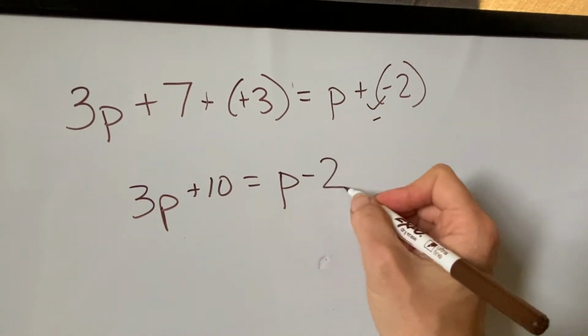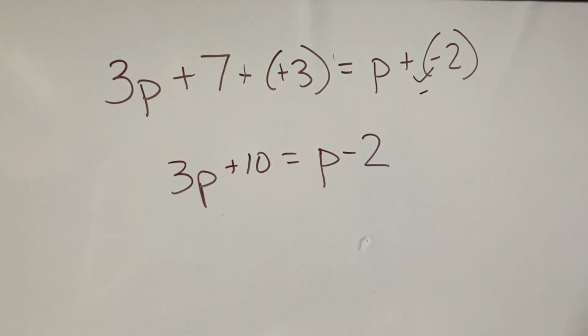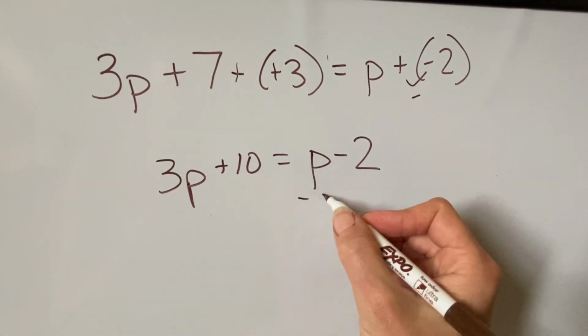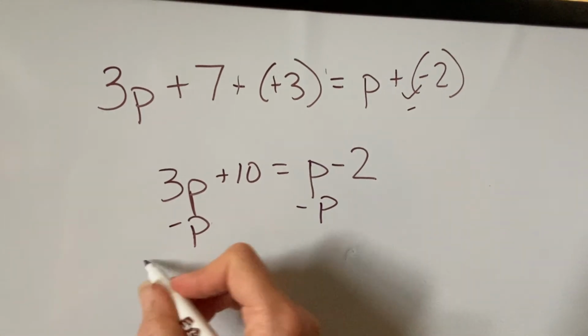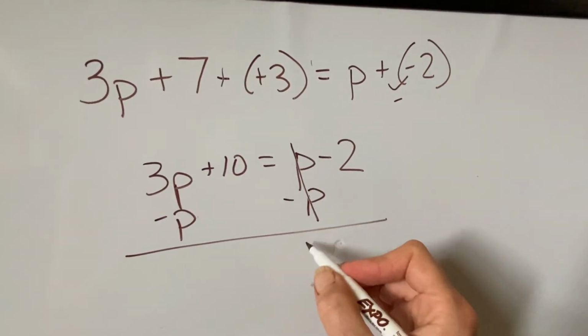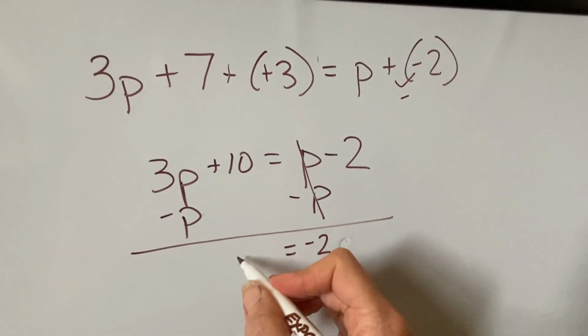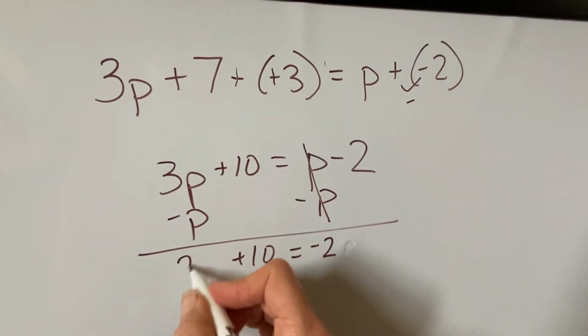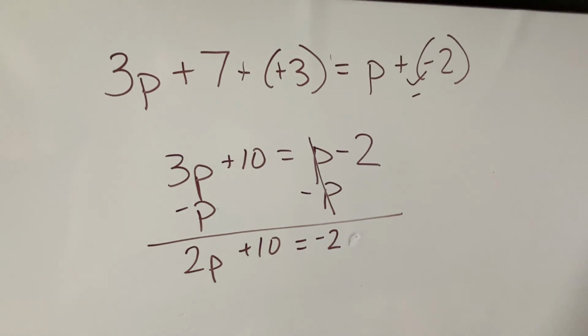So I'm just going to simplify it like this so it makes a little bit more sense to me. I want my p's on the same side, so I'm going to subtract this p from both sides of the equation. The -2 stays, the 10 stays, and then 3 minus 1 is 2p. Those are adding like terms.